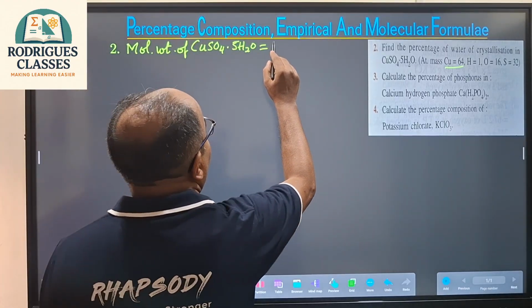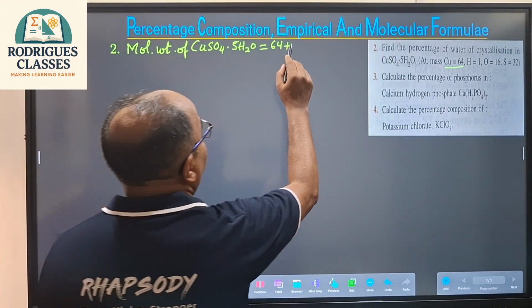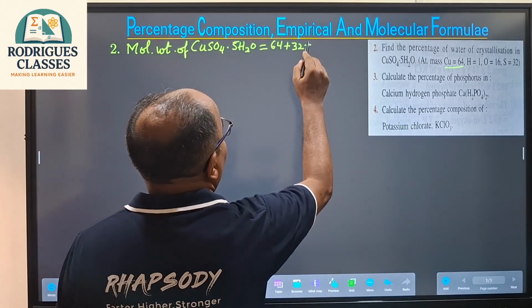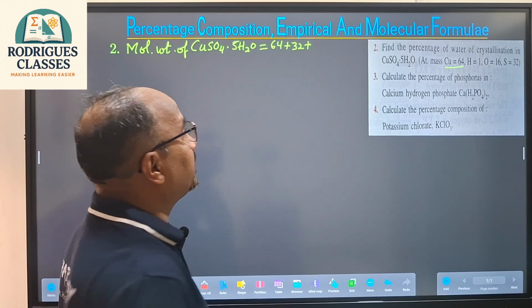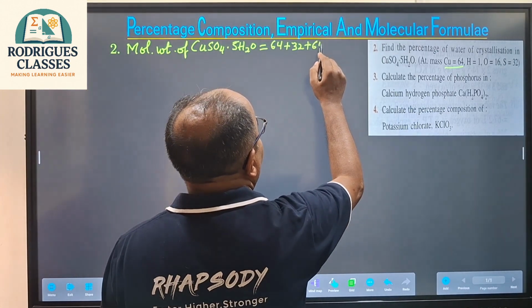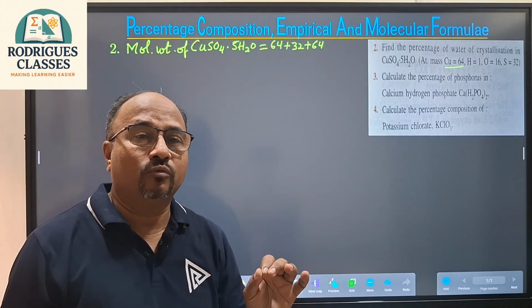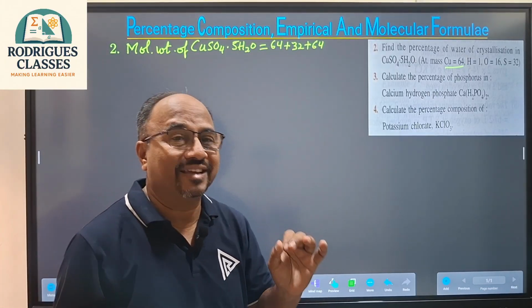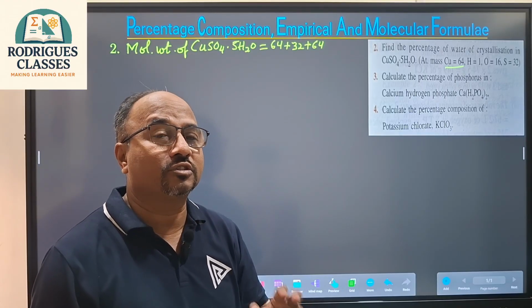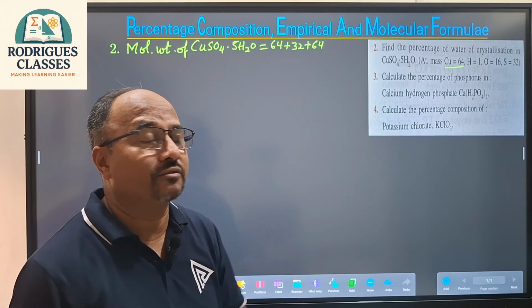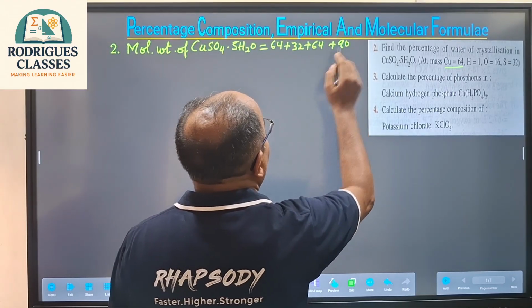Copper is given to us as 64 plus sulfur is 32 plus oxygen is 16, and 16 fours is 64, so I write here directly 64. Then 5H2O. For water, you know it comes as 18 because hydrogen is 1 into 2 is 2, and for oxygen 16. 16 plus 2 gives you 18. 18 multiplied with 5 gives you 90.